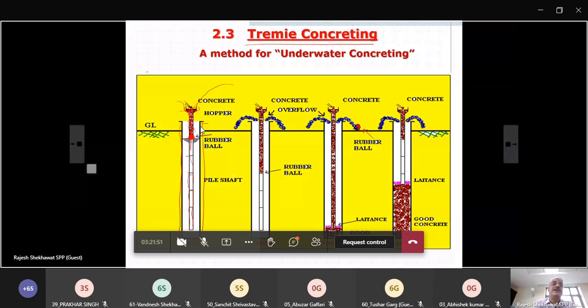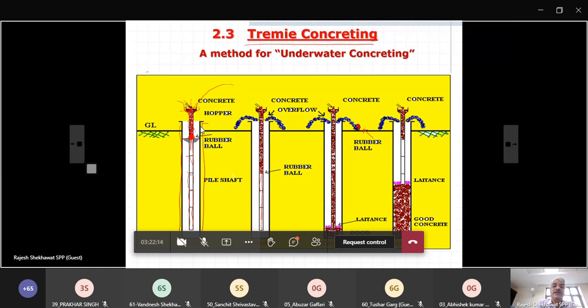Then after a sufficient amount of concrete has come, there are various methods. Sometimes you remove this, but removal is difficult, so it is designed in such a way that when sufficient force comes, it will push the bolt down at that weight of concrete. Now this much weight of concrete is falling and it gains some velocity also.